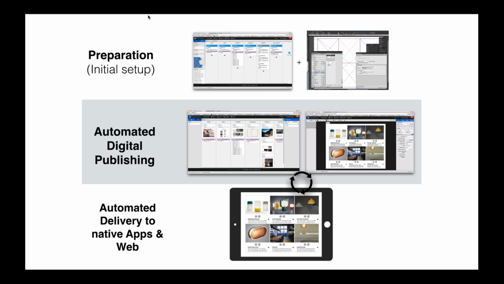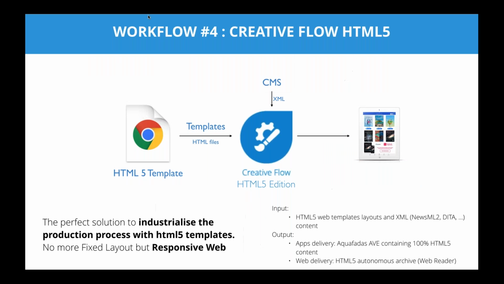And finally, you can also automate the delivery of this content to your native apps, either using our SDK, because we are providing a development kit if you want to integrate our technology within your legacy apps, or that could be also pushed as a web output.